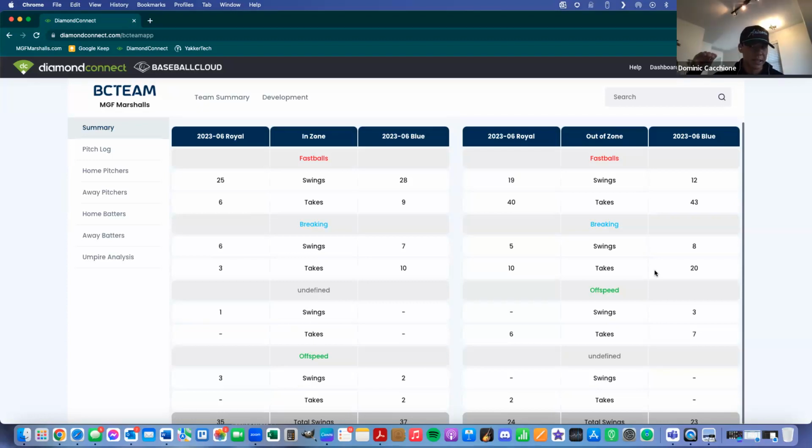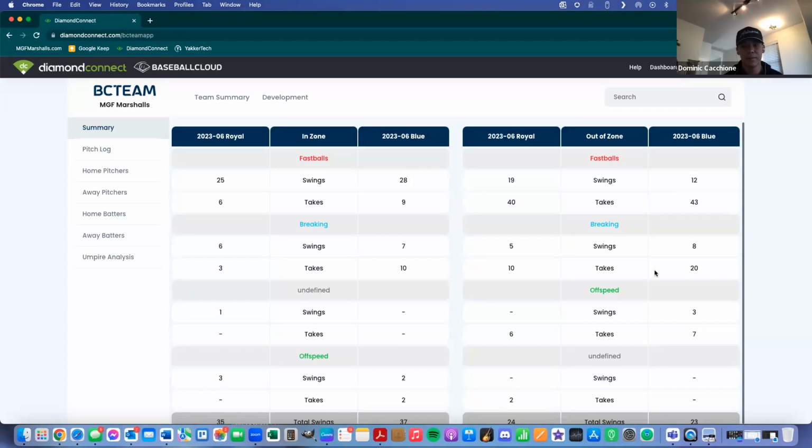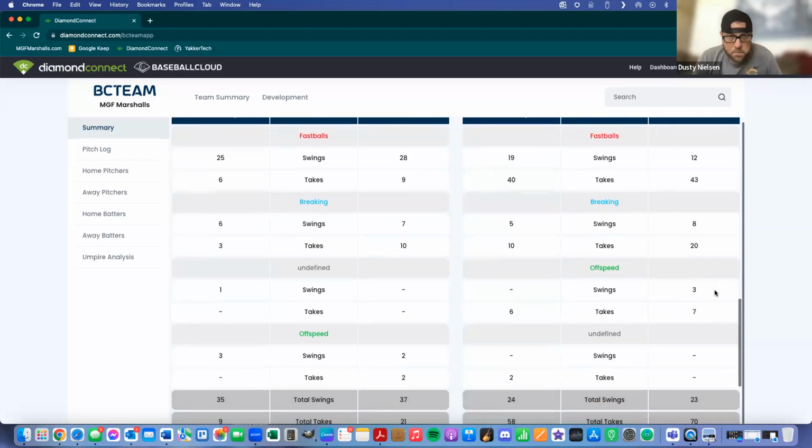So a called strike outside the box will show as outside of the zone, but in reality, it won't be. So this number can fluctuate a little depending on the umpire. The umpire's call still affects these numbers. Okay, I just wanted to know that.